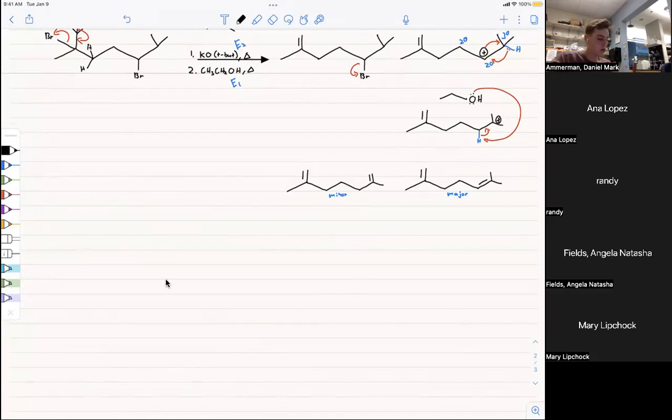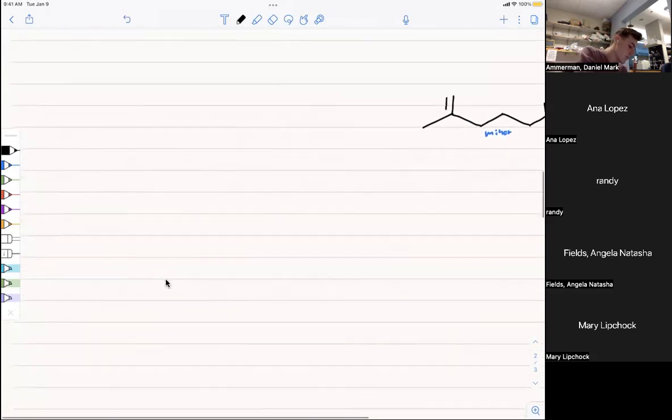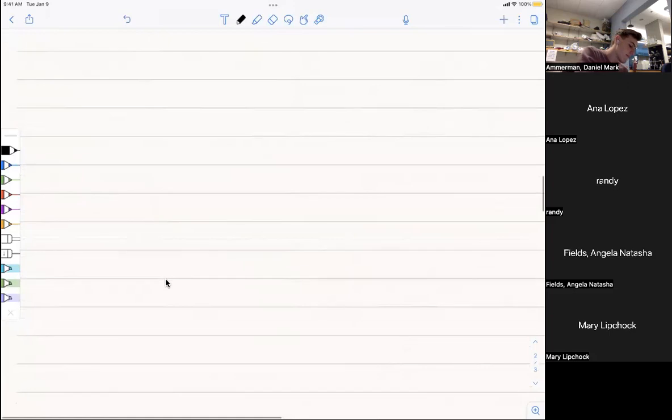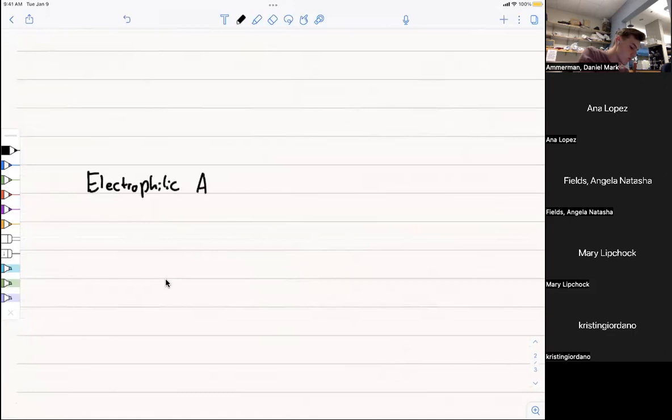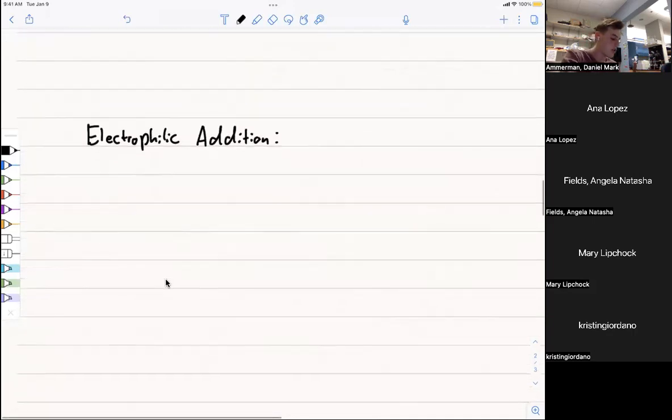So the next thing we went over is electrophilic addition. There are two types of electrophilic addition.